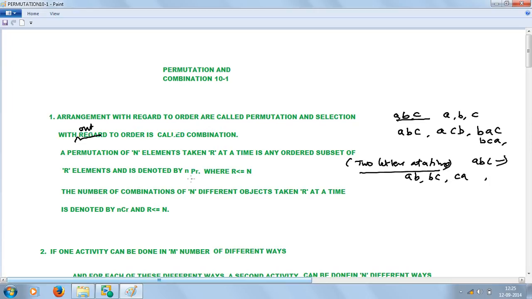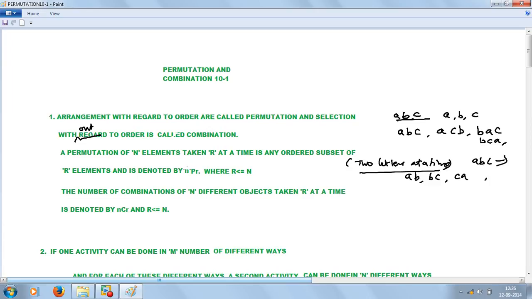So the standard notation is: totally n elements, taken r at a time. Total elements could be 3 or 5 or 10. You can take any number at a time. You can choose 3 or 4 at a time.